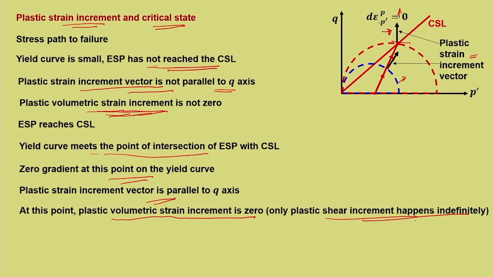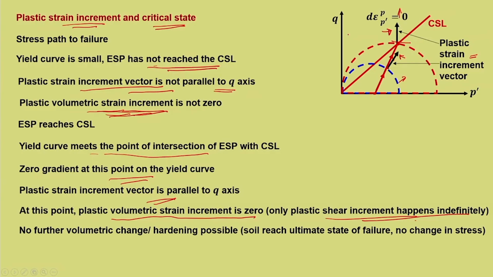So here d epsilon p dash p is equal to 0, and that is exactly what is meant by this condition. For this particular plastic strain increment vector there is d epsilon p dash p, that is possible, that is why it is expanding, but at this point it stops, it becomes 0, and that is the condition where the plastic strain increment vector is parallel to q.